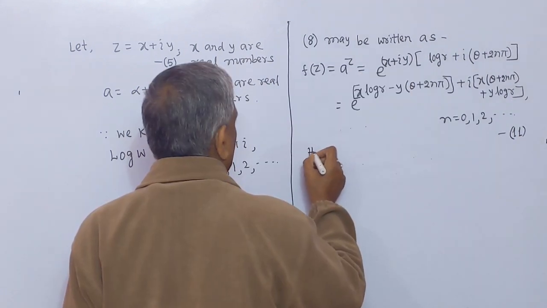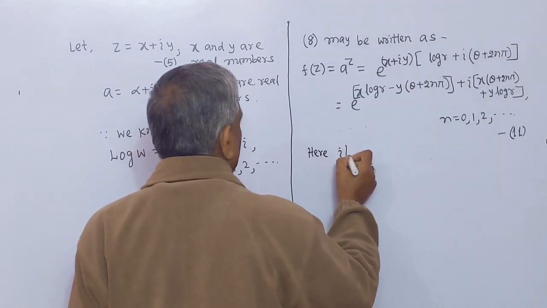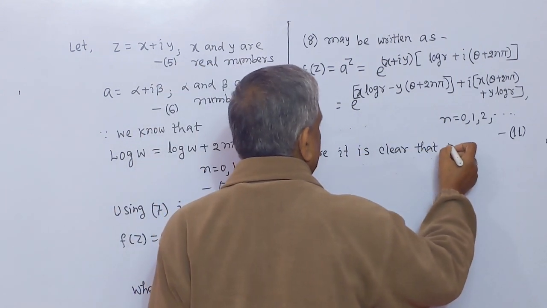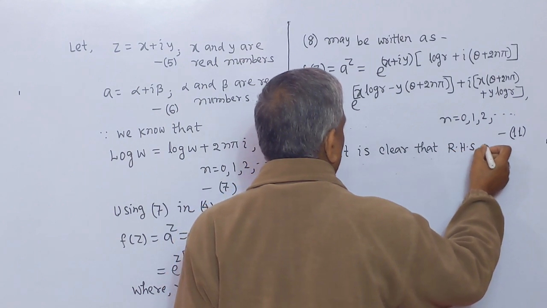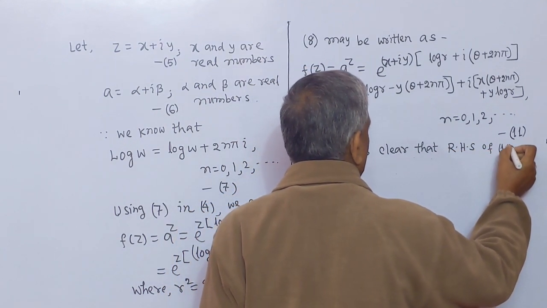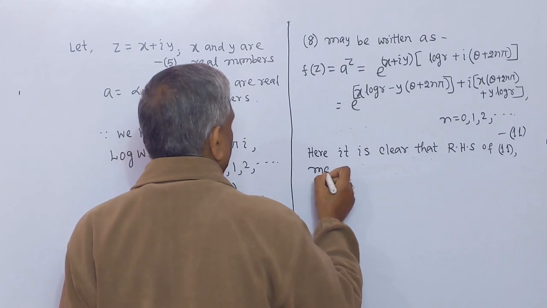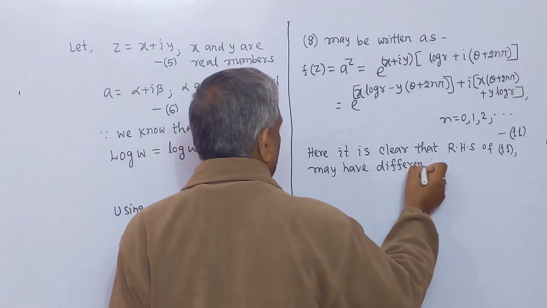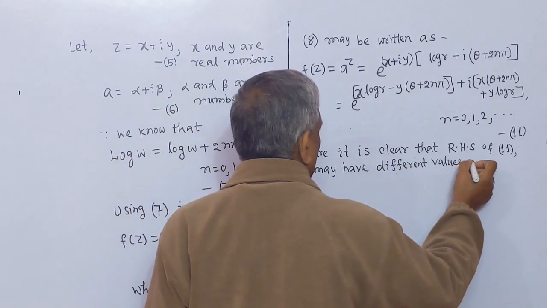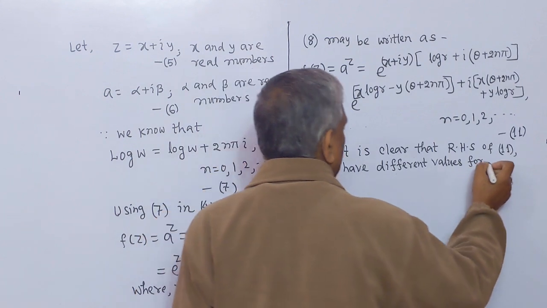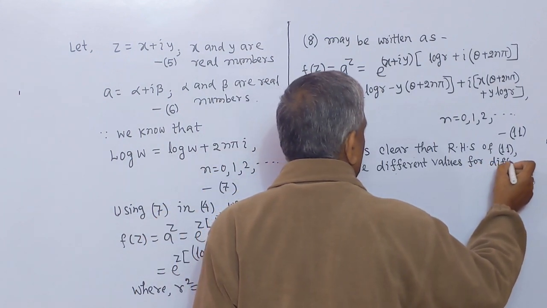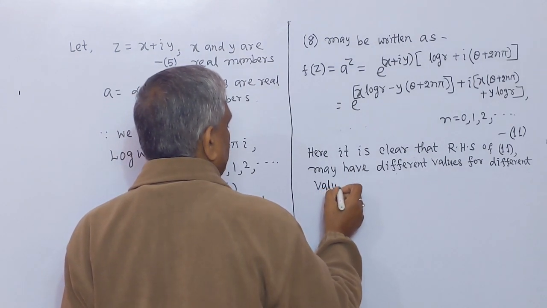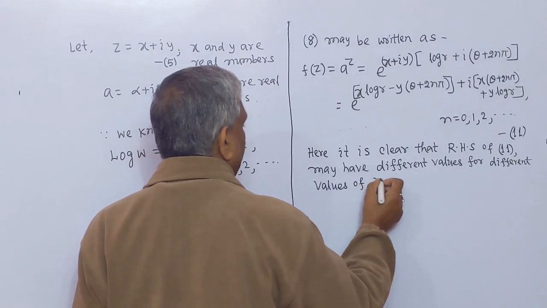Here it is clear that the right side of 11 may have different values for different values of n.